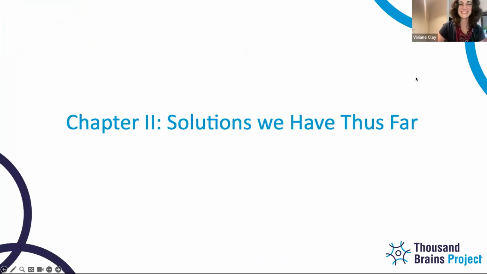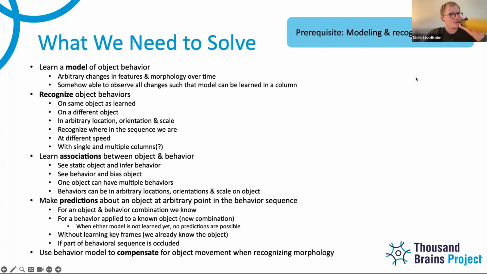All right, so chapter 2, solutions we have so far. My plan is to go through each of these points and then check them off. But as a prerequisite, I just wanted to revisit our current, quite confident, stable theory about modeling and recognizing objects, like the morphology model, as a baseline, because a lot of the ideas for object behaviors are based on that and are just slight twists on it.